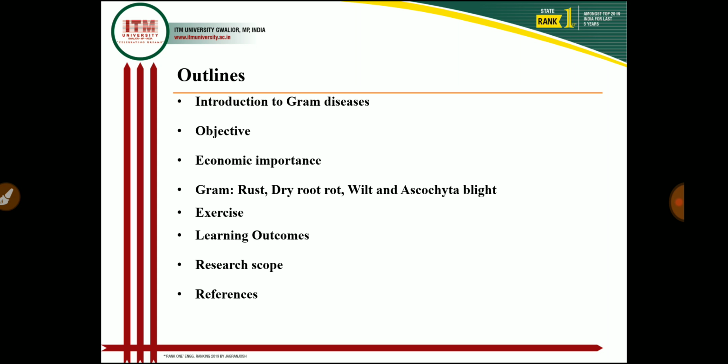First one is rust, second is dry root rot, third is wilt, and the last one is Ascochyta blight. After completion of the diseases, I will give one exercise, and I will also explain the learning outcomes, the research scope, and at last I quote the references. So this is the outline of today's lecture.